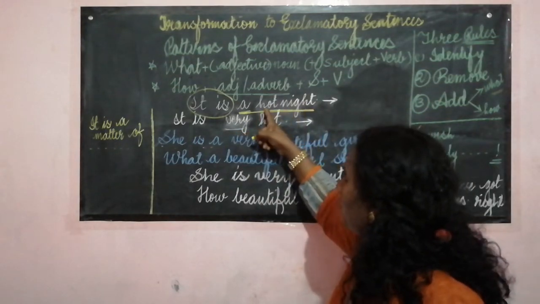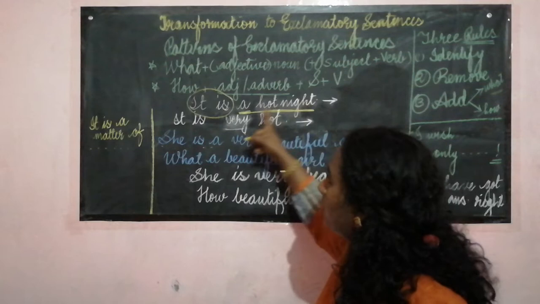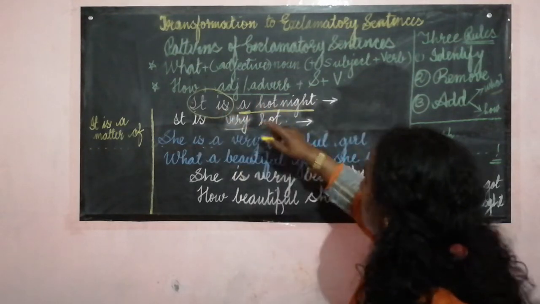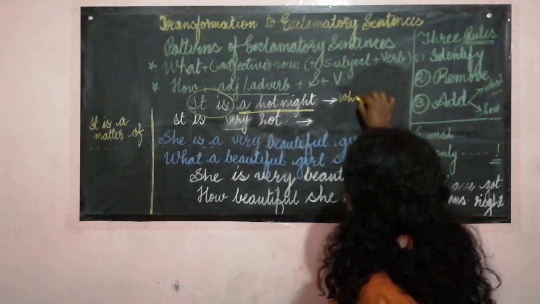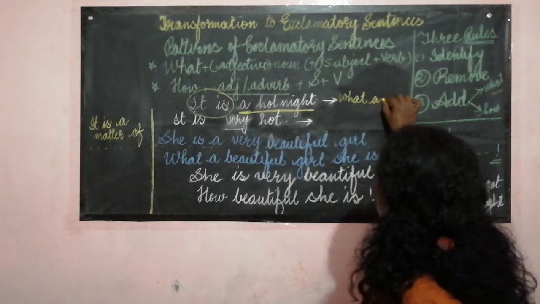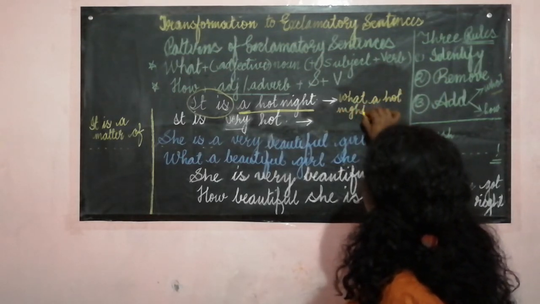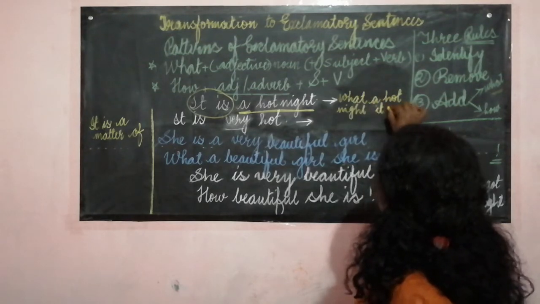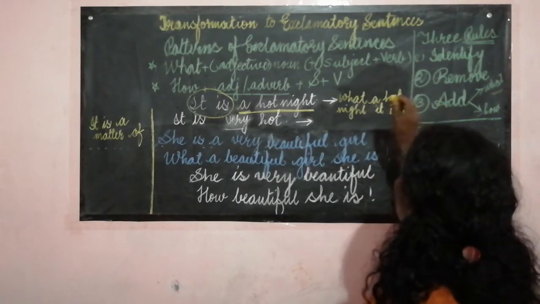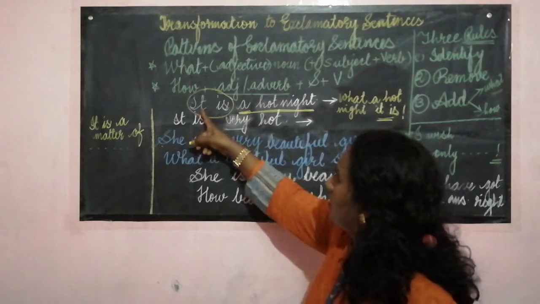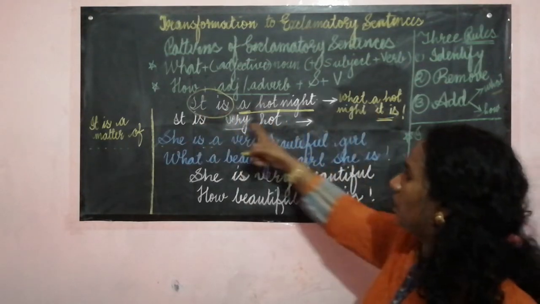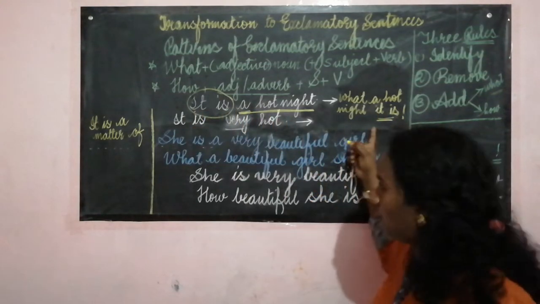So, what is to be used? What a hot night, it is, subject plus verb. What a hot night, it is, plus exclamatory mark. It is, as it is. Only the capital letter is converted to small letter.